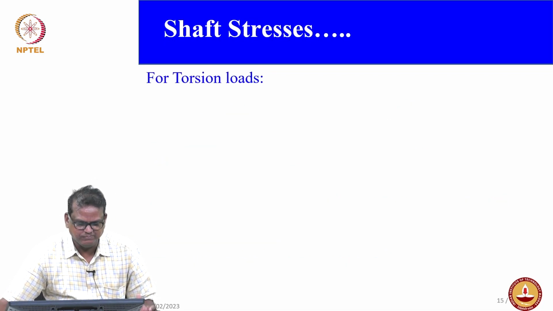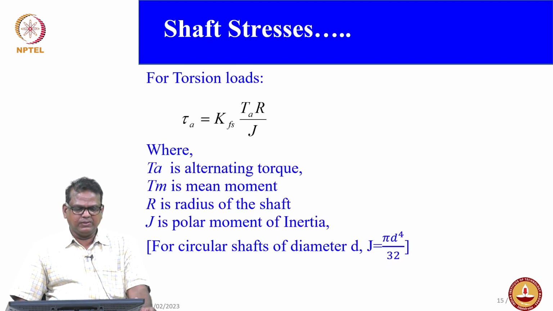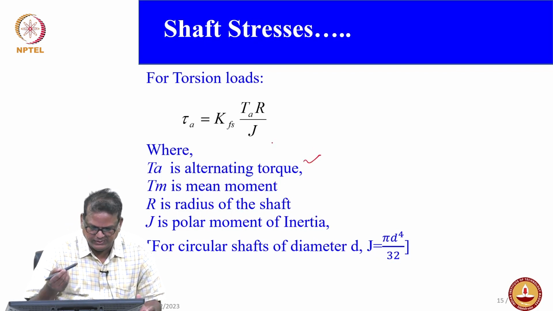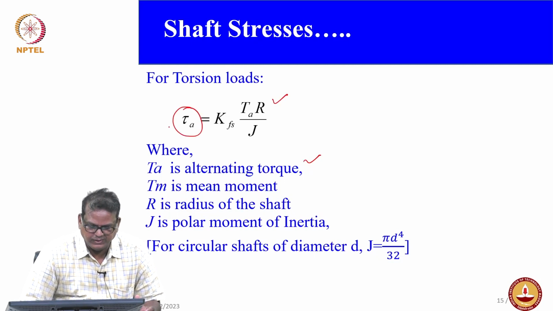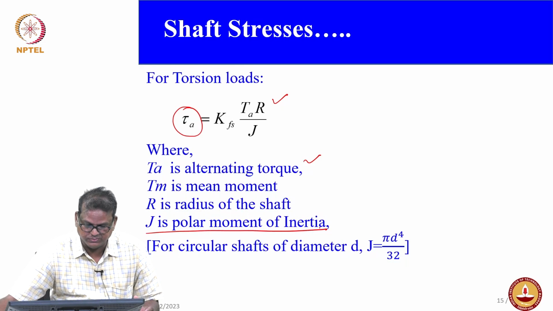Similarly, for torsion, the standard equation is tau equals Kf into Ta r by J. Ta is your alternating torque, r is the radius of the shaft, and this is your alternating shear stress, and J is the polar moment of inertia, okay. So you should know that.